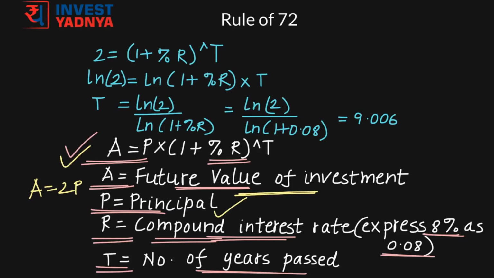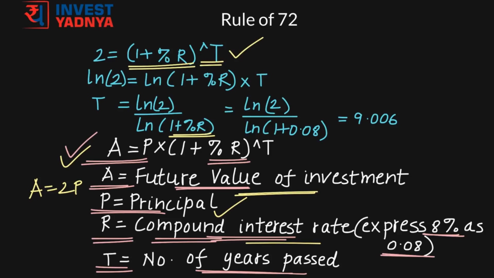And so the simplified equation now is 2 = (1 + compound interest rate)^T. To remove this exponent, we take the natural log of both sides. And so the equation now is ln(2) = ln(1 + compound interest rate) × T. So now T is ln(2) divided by ln(1 + your compound interest rate).